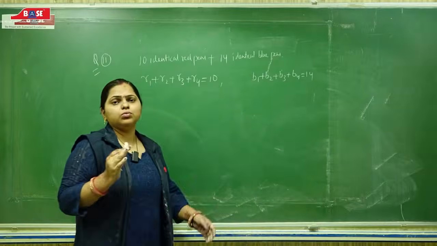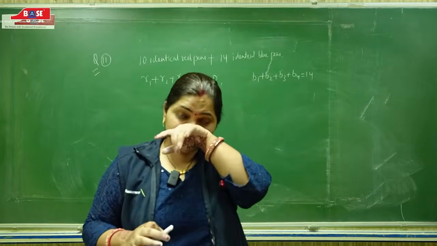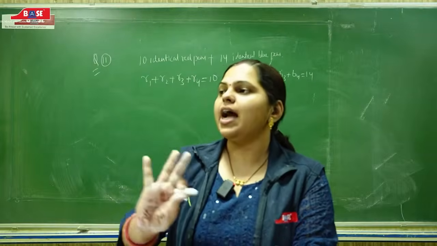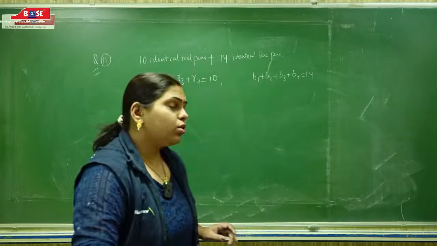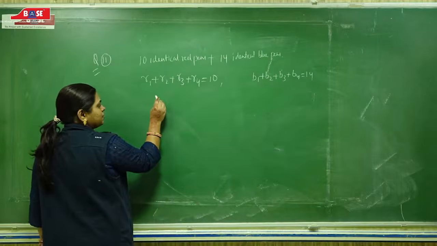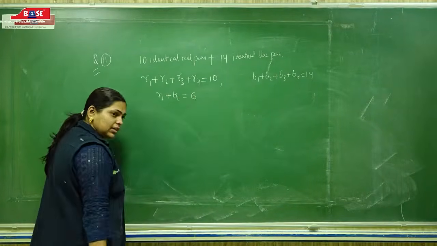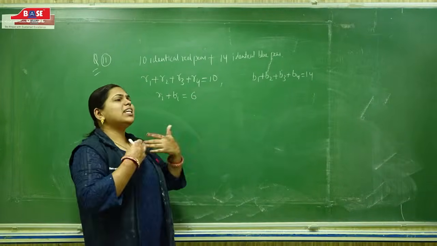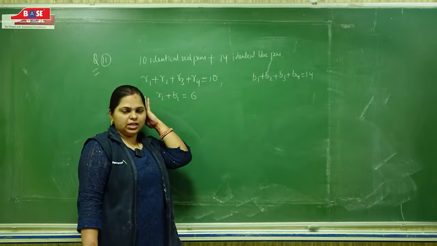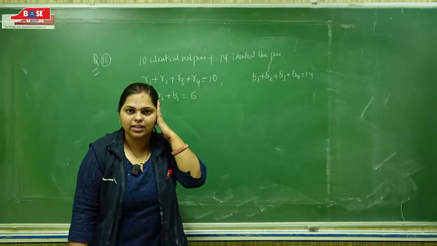Now, each person should get how many objects? 6 objects. And if you add 10 plus 14, it is 24. So here we can observe that each Ri plus Bi has to be 6. Whatever distribution you are thinking of, accordingly this will be taken care of.